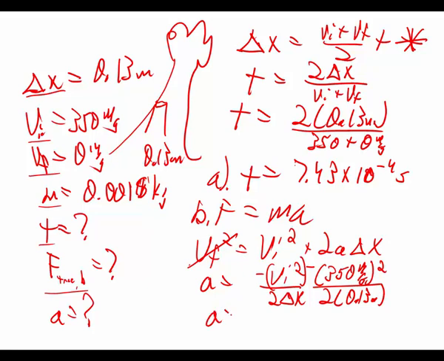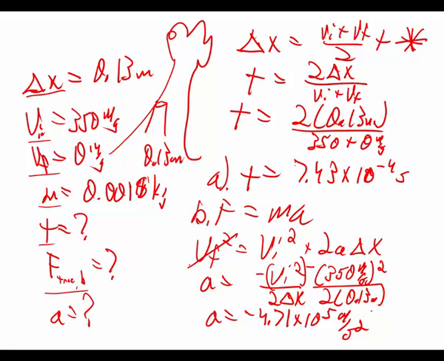And we get an acceleration of what? Negative 4.71 times 10 to the... Whoa. Not small, big, excuse me. Big, I'm sorry. To the 5th meters per second squared, right?